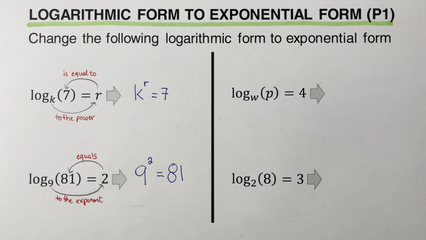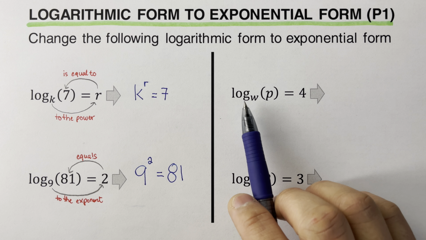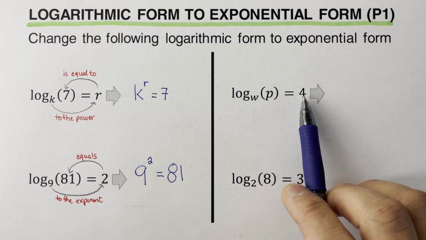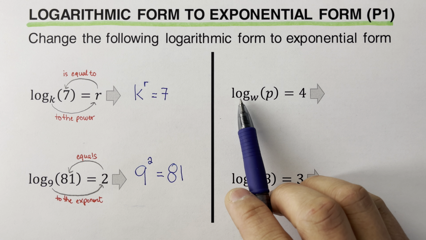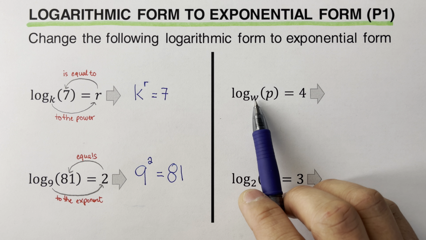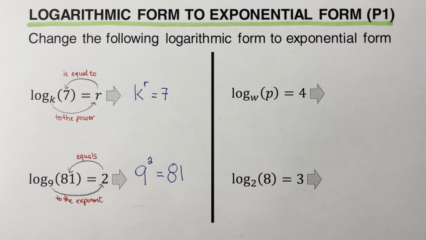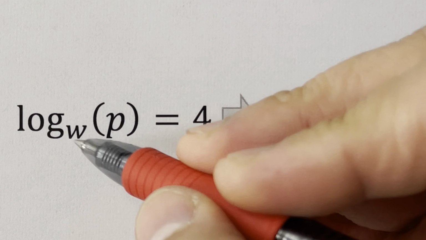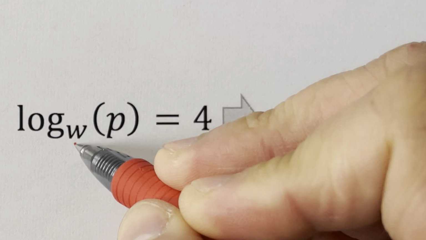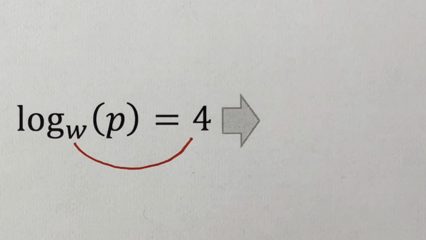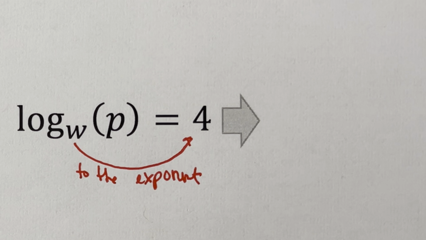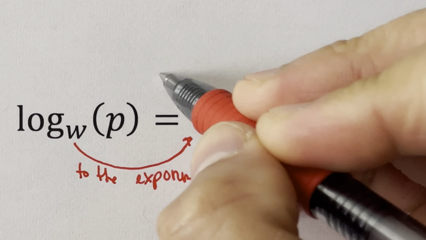Okay, so we go over the problem here. Again, we're going to change log of p to the base w equals 4. Or again, the other way to read this is log base w of p equals 4. Again, the pattern is we are supposed to say w to the exponent 4, and we're going to say equals p.